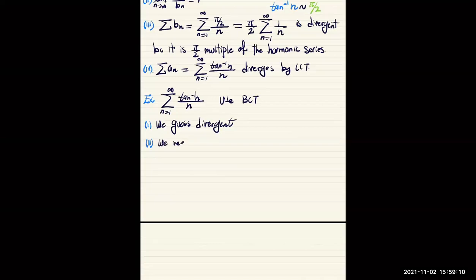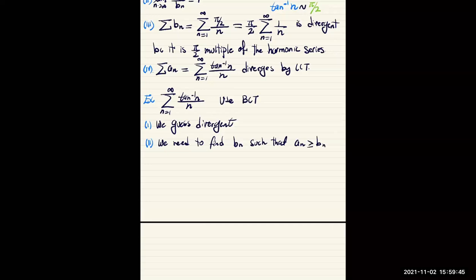We need to find a b sub n such that a sub n, is it supposed to be less or greater than? It's supposed to be greater than b sub n.